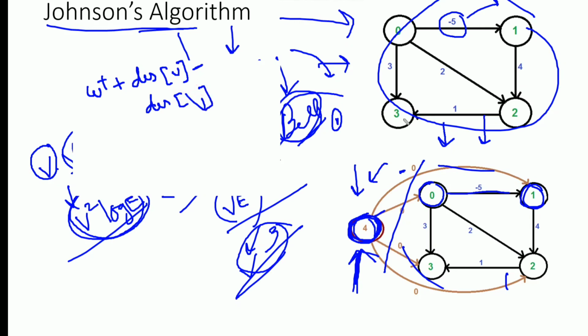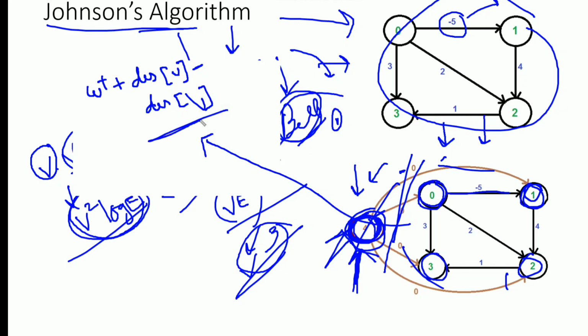Using Bellman-Ford algorithm we get the distance value of each vertex from this extra vertex. After finding it, we will remove this extra vertex and all the connections and reconstruct the graph, applying this formula on every edge.